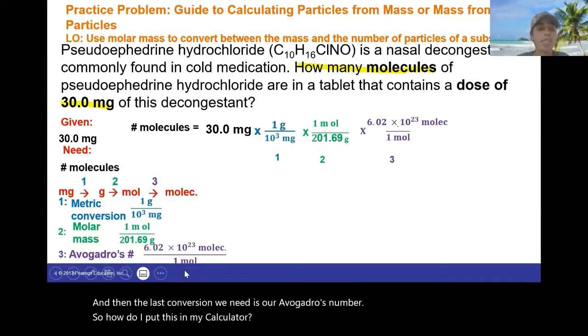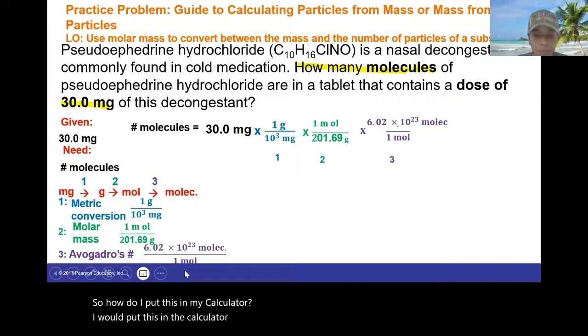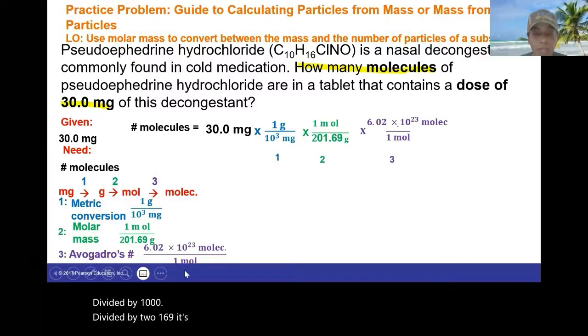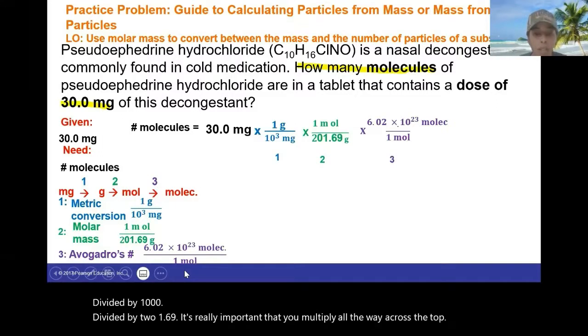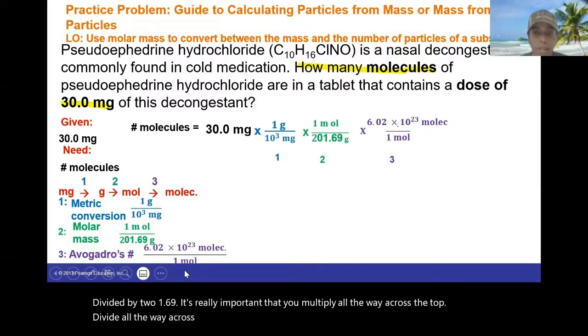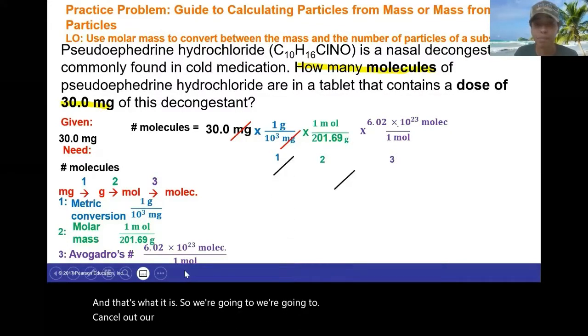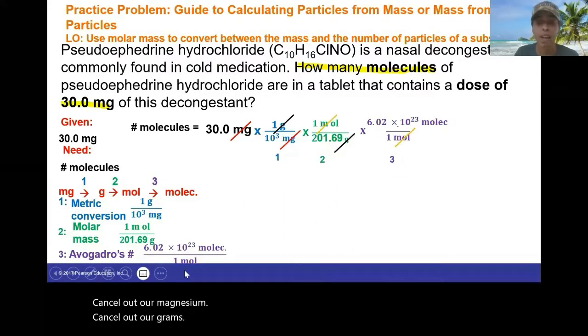I would put this in the calculator as 30 times 6.02 divided by 1,000 divided by 201.69. It's really important that you multiply all the way across the top, divide all the way across the bottom. That way your answer would come out right. We're going to cancel out our milligrams, cancel out our grams, and cancel out our moles.